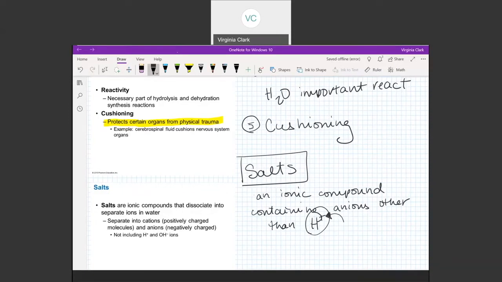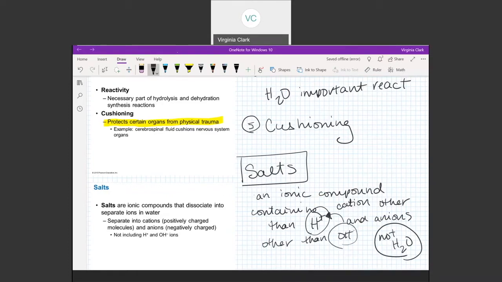So a salt is going to be something that's not a hydrogen, and it's going to have cations other than hydrogen, and anions other than OH. So basically what this means is it is going to be not H2O. So when we're talking about a salt, it does not have hydrogen, nor is it going to have the OH. So it is going to be essentially something that is not H2O.